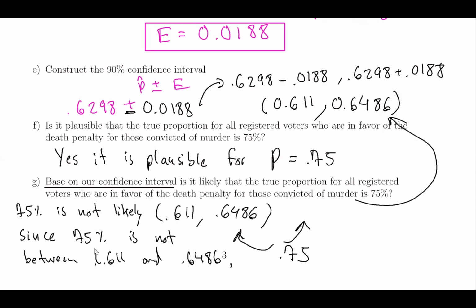But in this case, since they're asking us for 75% and 75% is well above the interval, that's why we say 75% is not really likely to occur. All right. Any other question in regard to G? All right.